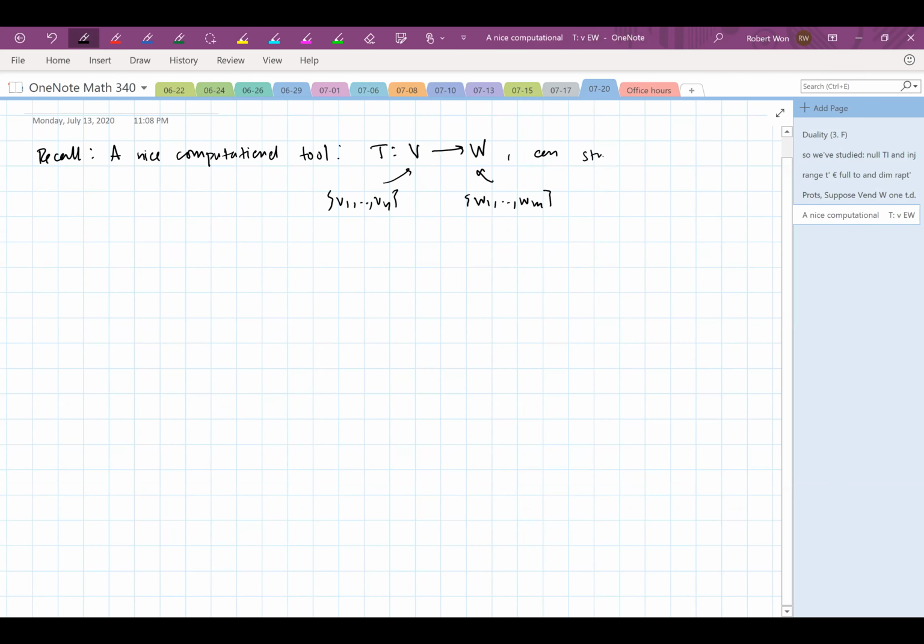Can study M of T, the M by N matrix of T with respect to these bases. Right, very nice computational tool.